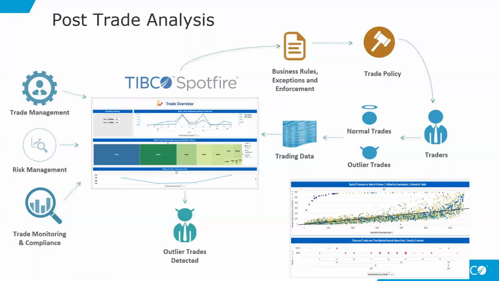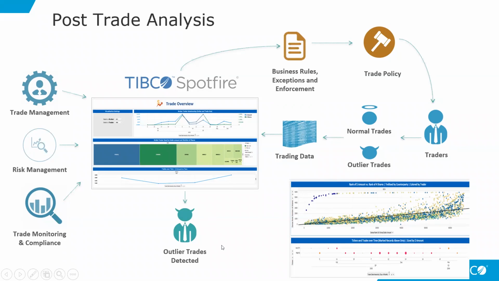Post-trade analysis is again very famous, especially with the financial services group, and applicable to everyone. A lot of banking teams need to do reconciliation, and a lot of effort goes into book closure, the end-to-end financial reporting. So we have a framework where you can get data, like trade management, risk management, and trade compliance, all in a single place, and see whether there are any outliers.